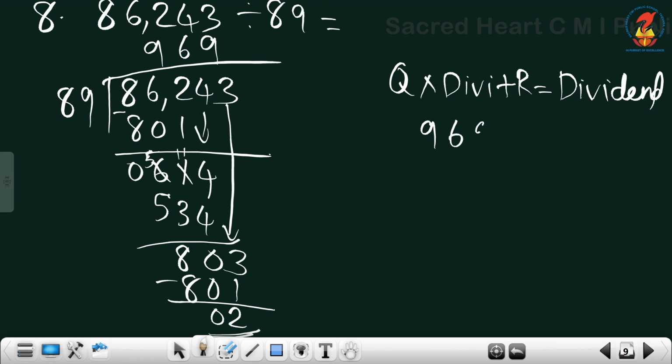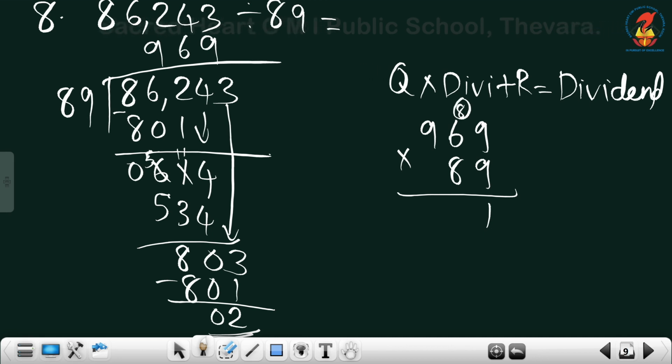Quotient is 969 into 89. 9 nines are 81, 8. 6 nines are 54 plus 8 is what? 54 plus 8 is 62. 2, 6. Then 9 nines are 81 plus 6, 87.